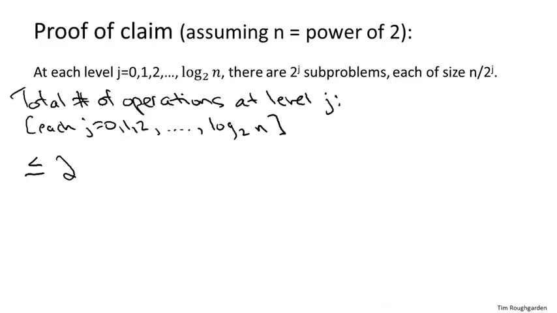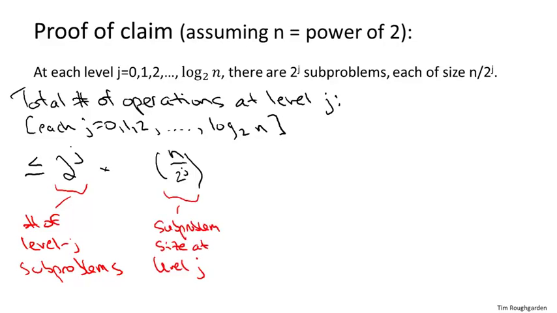All right, so we start with just the number of different subproblems at level j, and we just noticed that that was at most 2 to the j. We also observed that each level j subproblem is passed an array as input, which has length n over 2 to the j. And we know that the merge subroutine, when given an array of size n over 2 to the j, will execute at most 6 times that many lines of code.